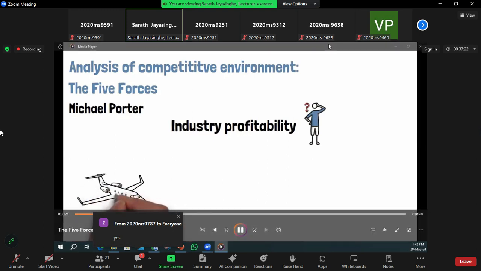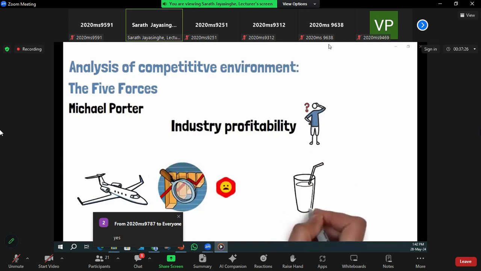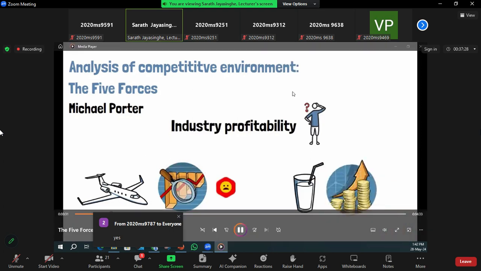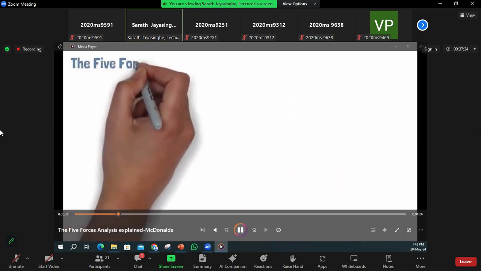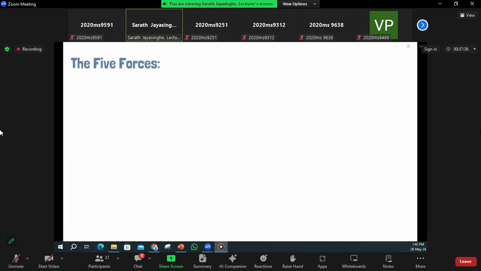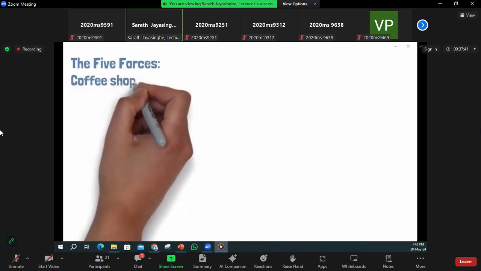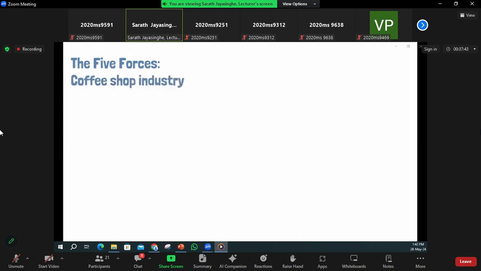For example, he found that airlines tend to be unprofitable, whereas soft drink companies are highly profitable. The Five Forces model can be used to explain why this is the case. The framework considers 5 factors that drive competition in an industry. Let's discuss each one in turn and illustrate with an analysis of the coffee shop industry in a typical city.